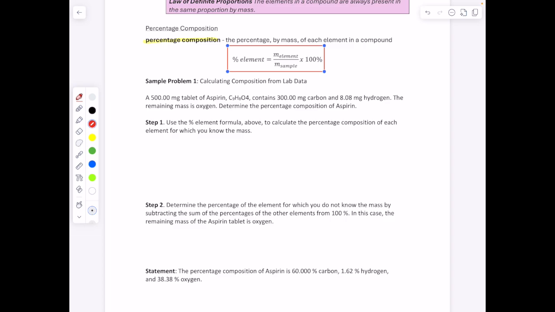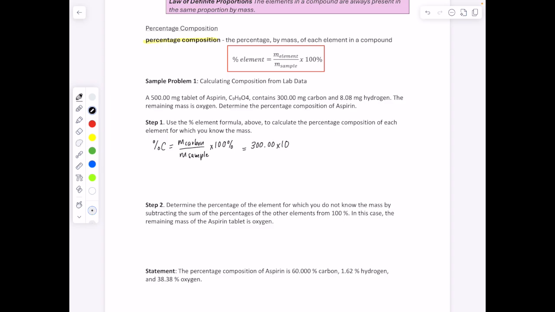Step 1. Use the percent element formula above to calculate the percentage composition of each element for which you know the mass. Let's start with the percent composition of carbon, which is equal to the mass of carbon divided by the mass of the sample times 100%. We know that there is 300 milligrams of carbon.